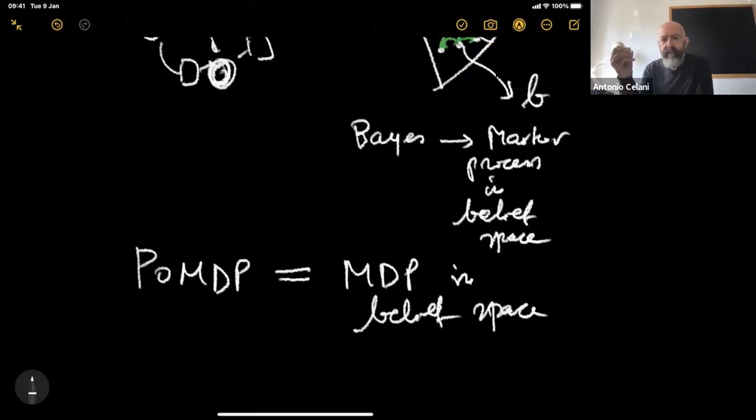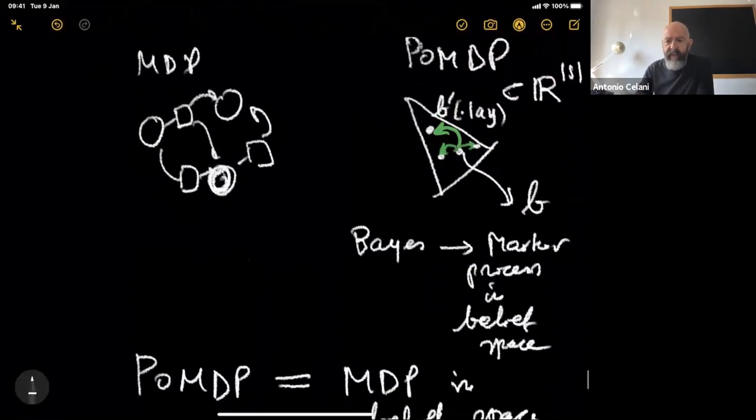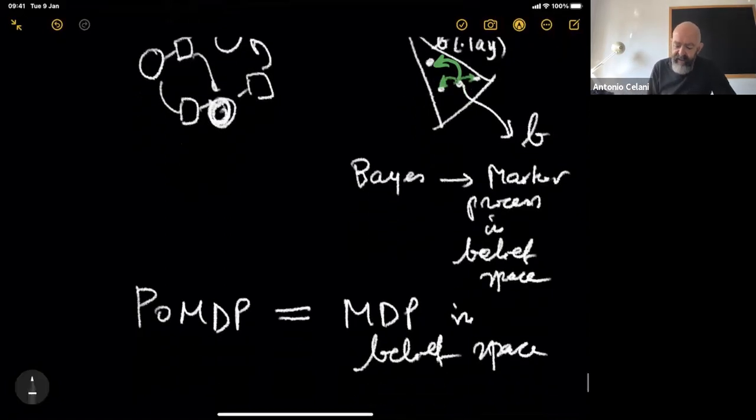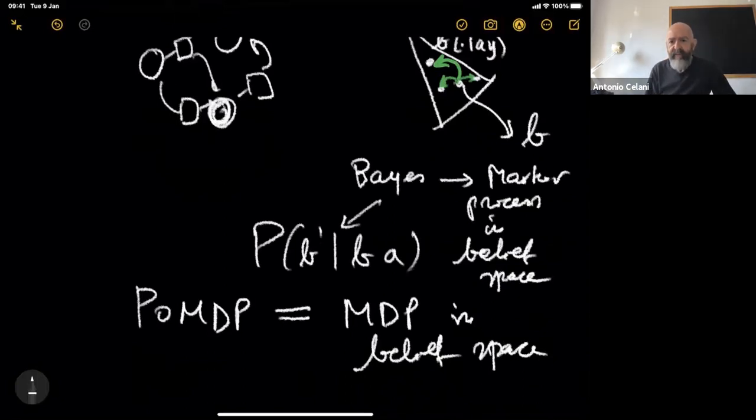So the Bayes updating, you can see it as a transition probability in belief space. You could define a sort of probability of having a new belief given the previous belief and the action. And your average rewards will be average rewards with respect to beliefs.